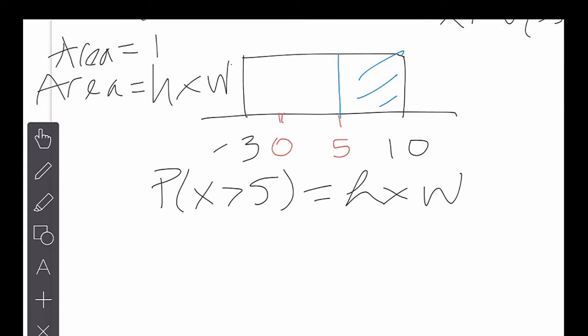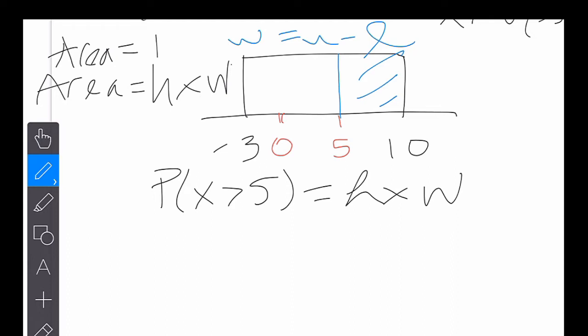And I explained to you last time, don't forget, the width is always equal to the upper end minus the lower end, the higher end minus the lowest end.